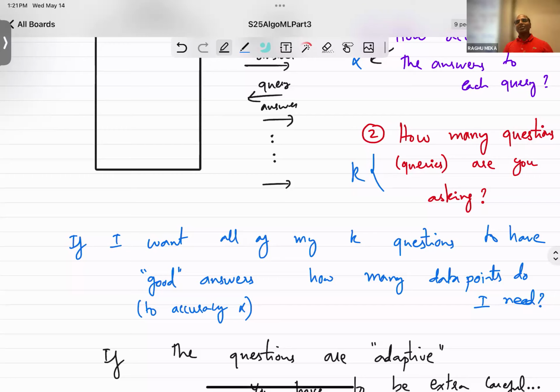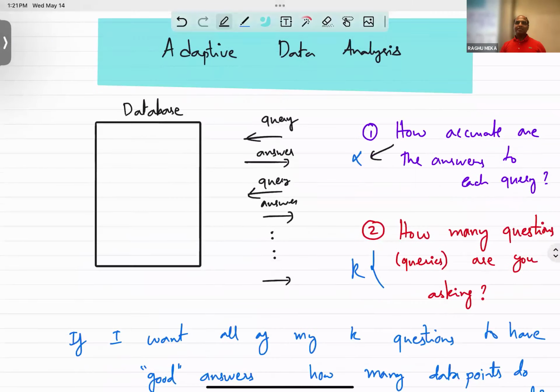I keep asking this question, but then I stop when the answer crosses something. Now, this is also an adaptive process. I'm deciding when to stop asking the question based on the previous answer. Okay. So this is adaptive data analysis. And people have different sets of tools to address the confidence bounds.